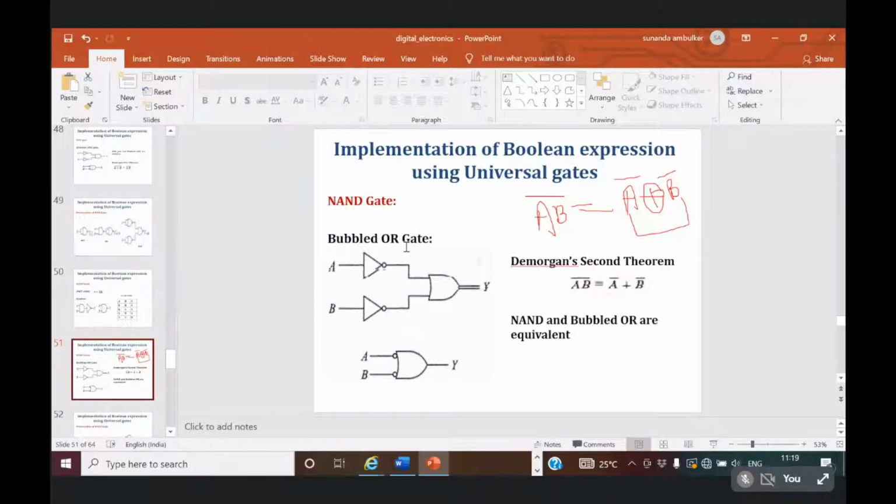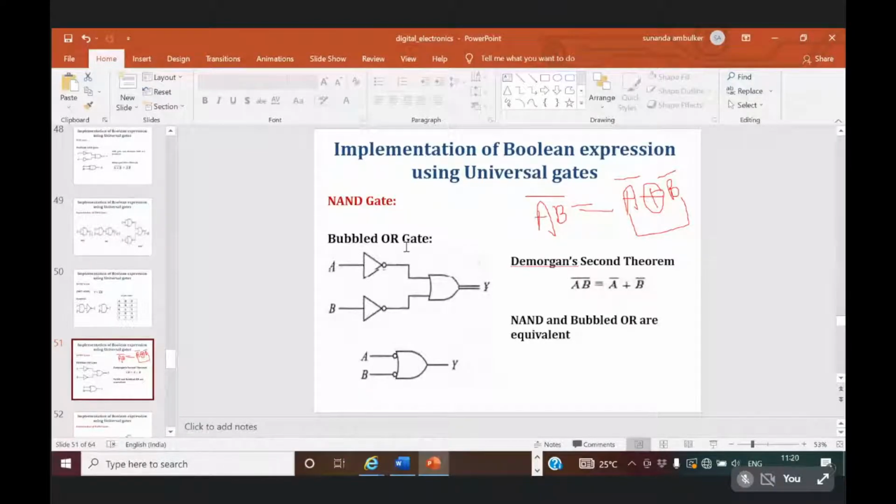So this NAND gate is equivalent to the bubbled OR gate. If we see any configuration like this bubbled OR type, we can replace that with the NAND operation. This is the fundamental principle for the NAND operation.